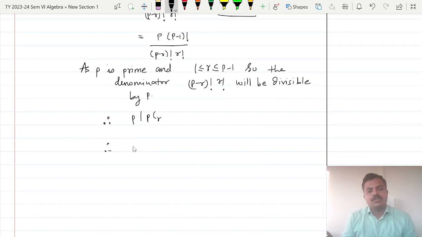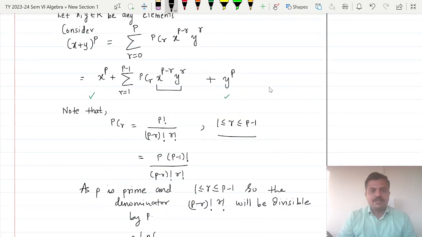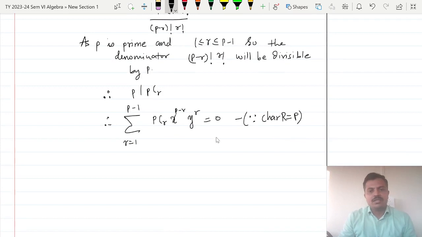Therefore the summation, r running from 1 to p minus 1, of pCr x^(p-r) y^r will be equal to 0, since the characteristic of R is equal to p. Let us call the earlier expansion 1 and this result 2.